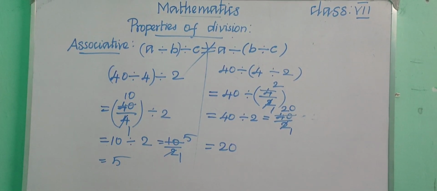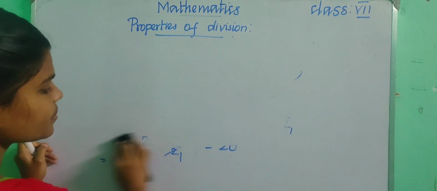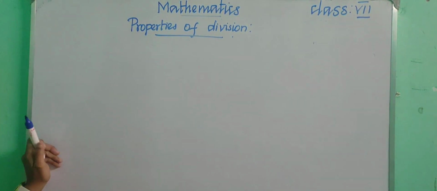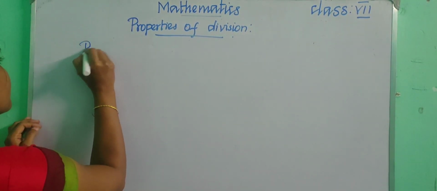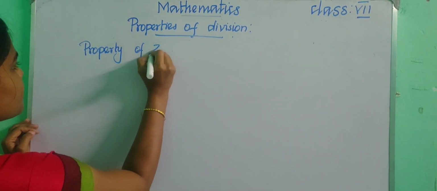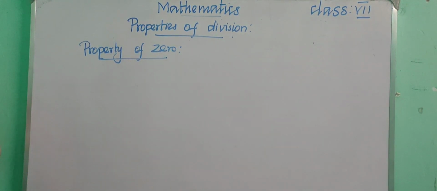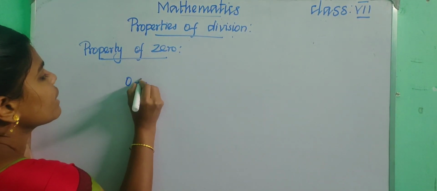Okay, children, so let us see about the property of 0. So next is the property of 0. Property of 0 is simply 0 divided by something.